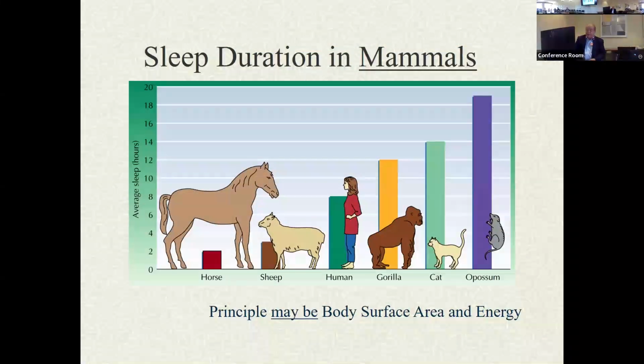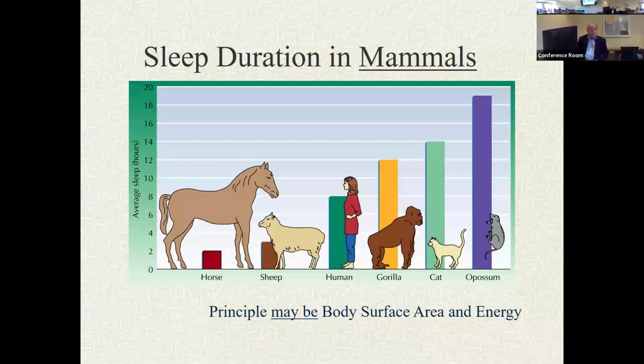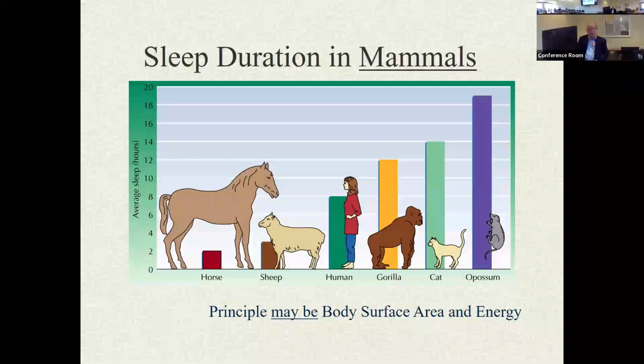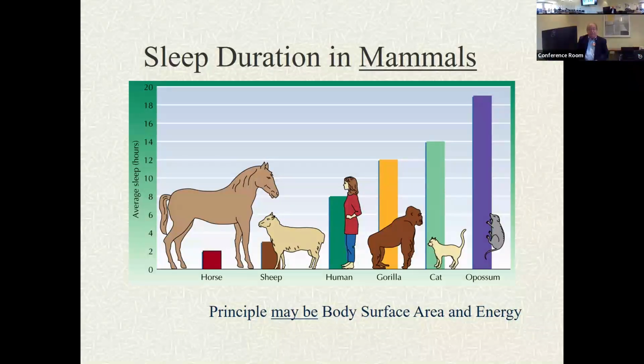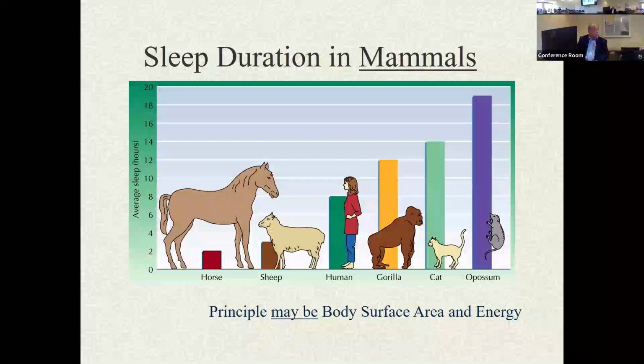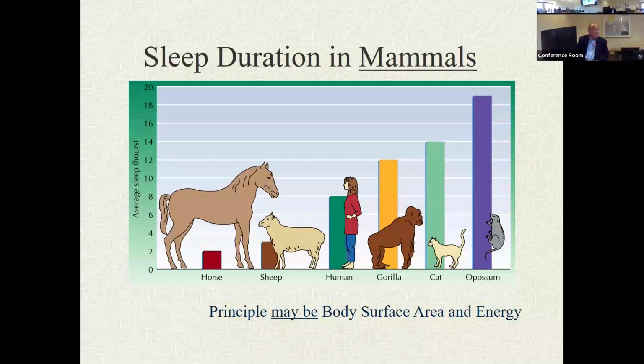Sleep duration in mammals. It's interesting that it probably relates to how big you are. Elephants can sleep as long as 10 minutes at a time, but more like 5 minutes at a time. People don't know why, because there's no predator of them. But I think it's just the way they are.